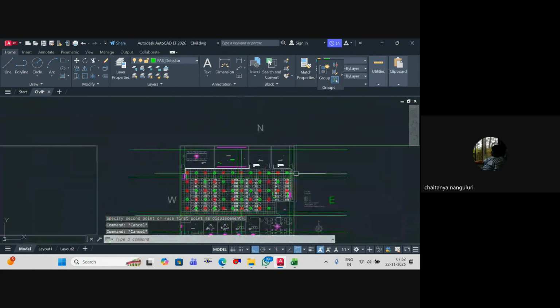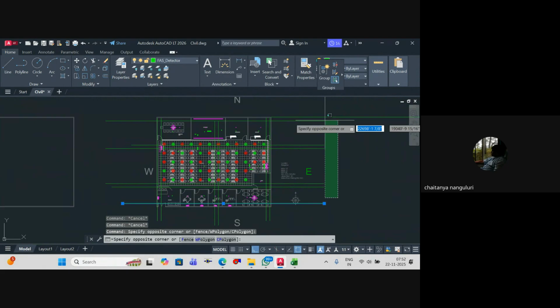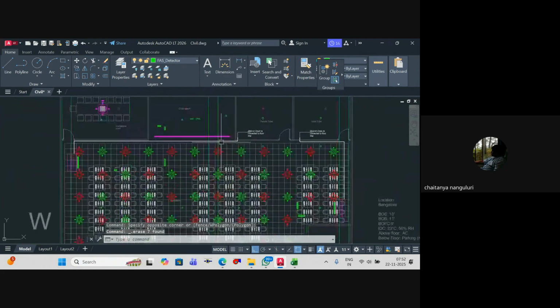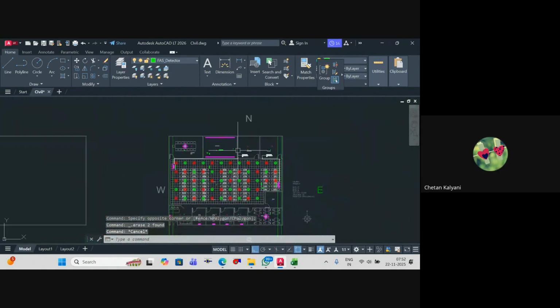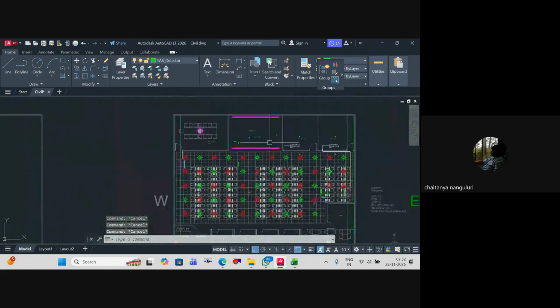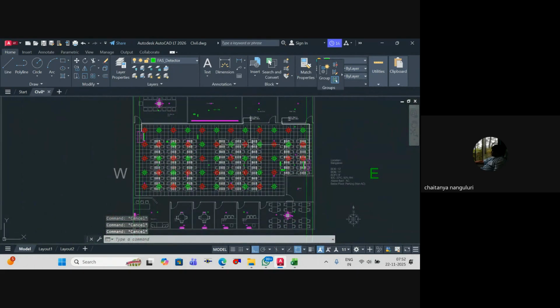So that's how, according to your beam layout, you have to decide your detectors. Understood or not? Yes, clear. It's not uniform, but if you mark the beam layout, then you will understand how I've created it above the false ceiling. Am I clear? Yes.